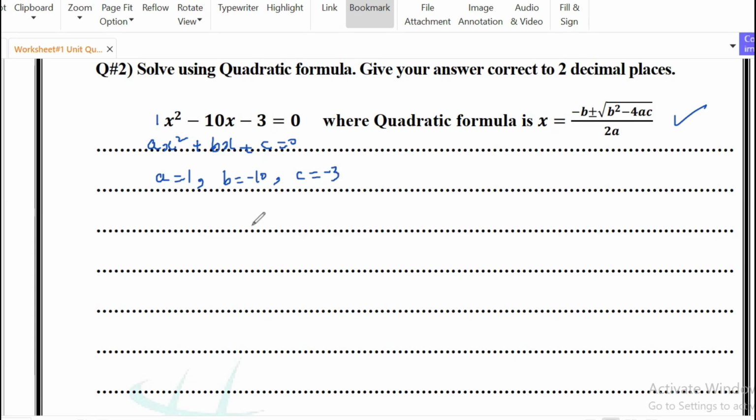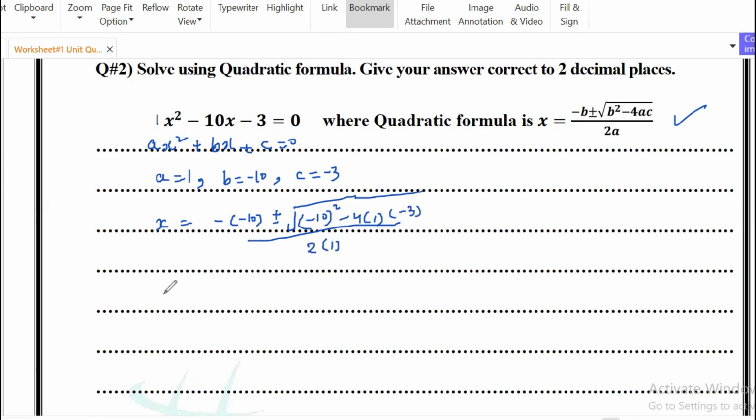And then we know the formula, we straight away replace the values. X is equal to minus b. B is minus 10, plus minus square root of b square, minus 10 whole square, minus 4a. A is 1 and c is minus 3, over 2a. A is 1.